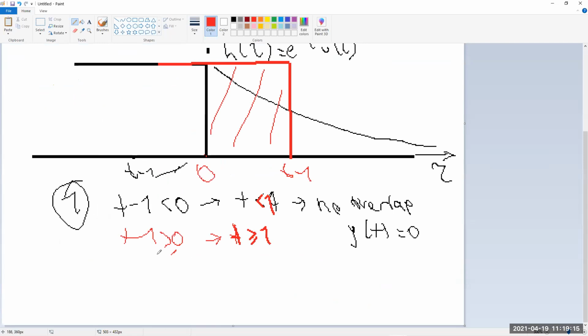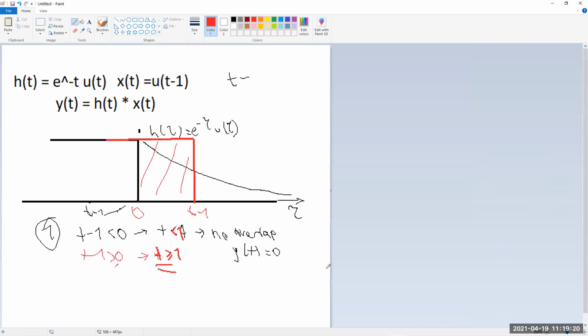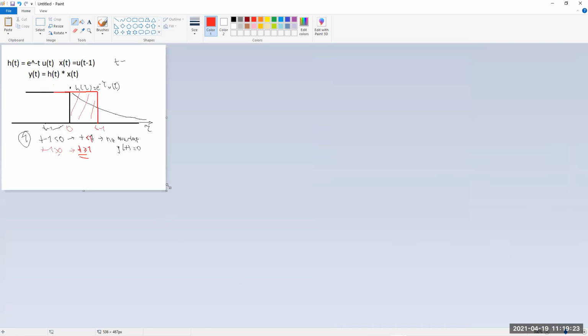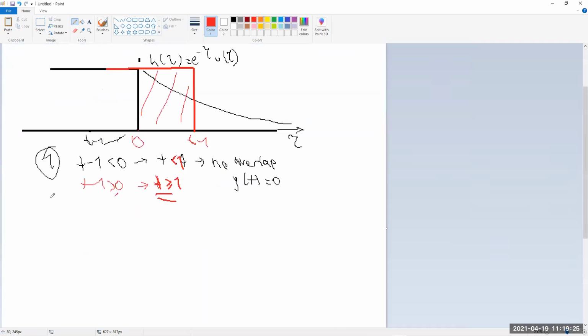Okay, and we found the boundaries, and then we need to calculate the integral. Then we are good to go to the quiz. Okay, I got from 0 to t minus 1. The first one is 1. The other one is e to the power of minus 2 d2.